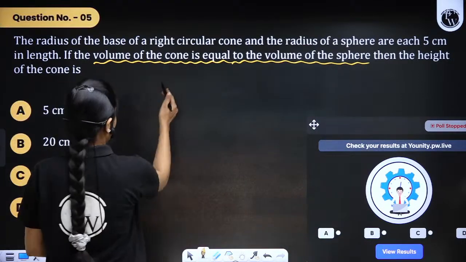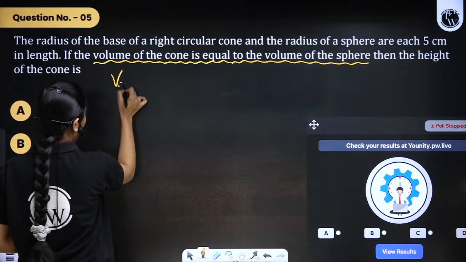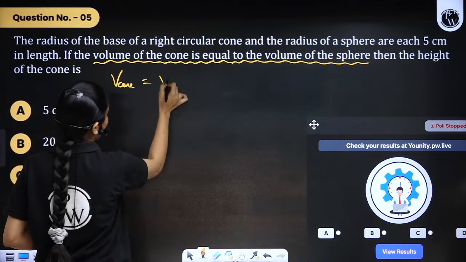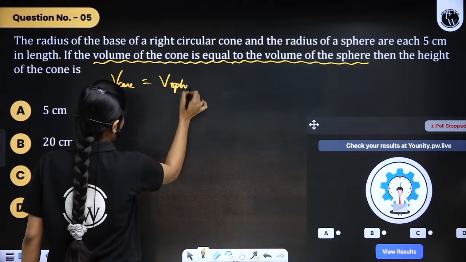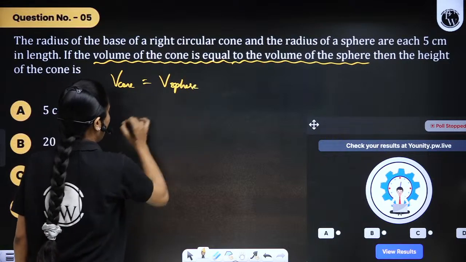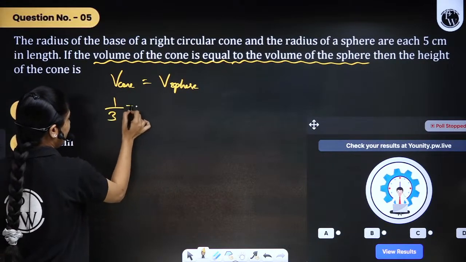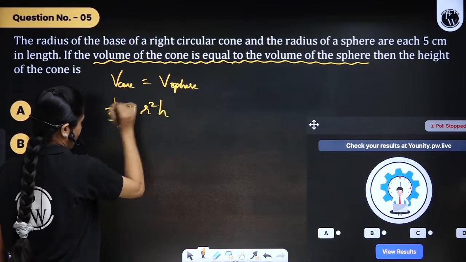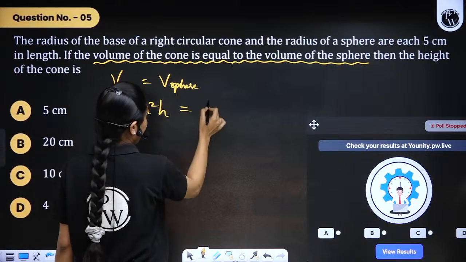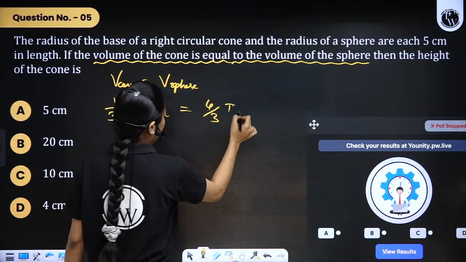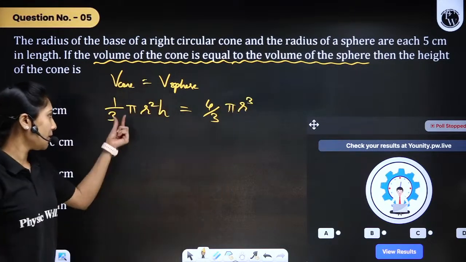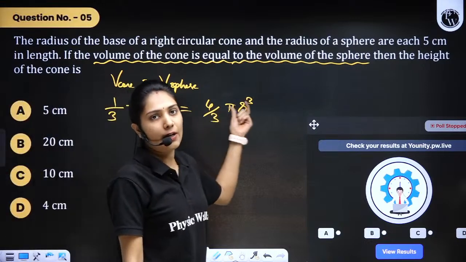So basically what we have here, volume of cone is equal to volume of sphere. Okay. So when we are talking about volume of cone, it is 1 by 3 pi r square h, while the volume of sphere is 4 by 3 pi r cube. Now why am I using small r on both sides?